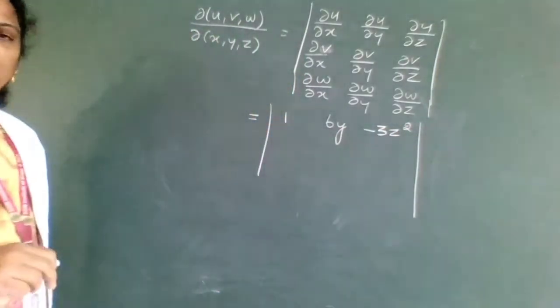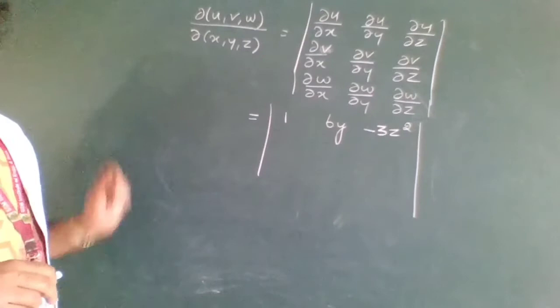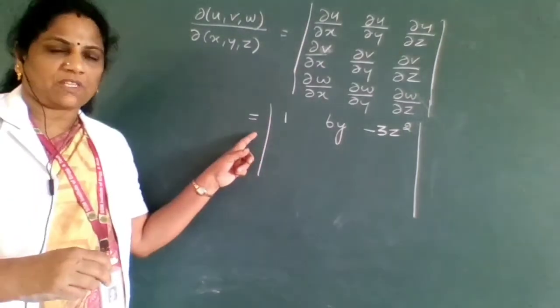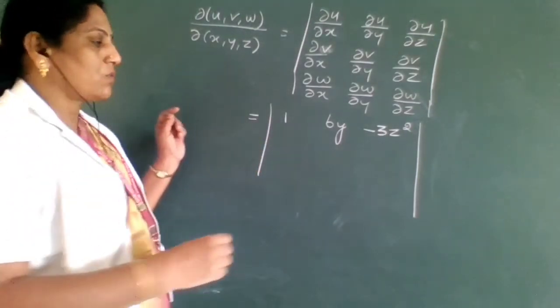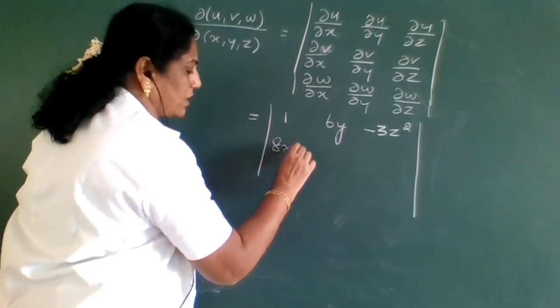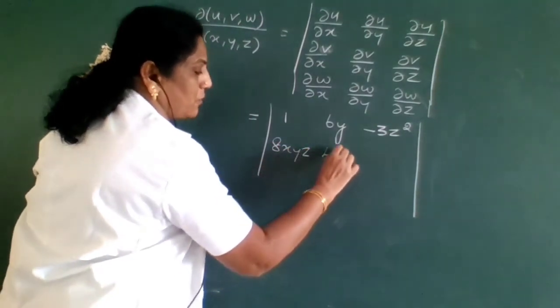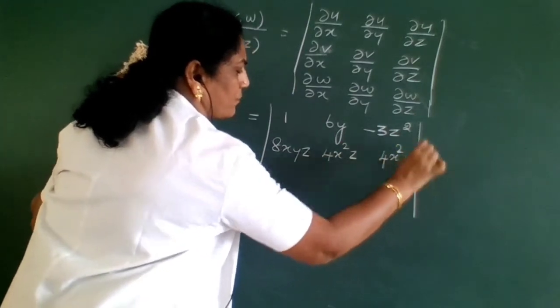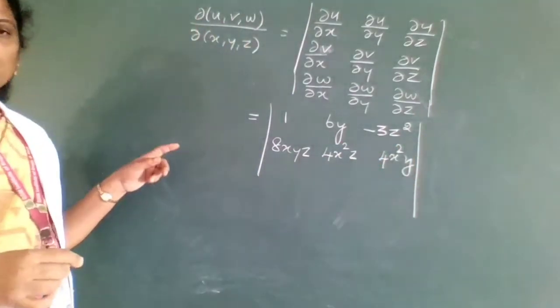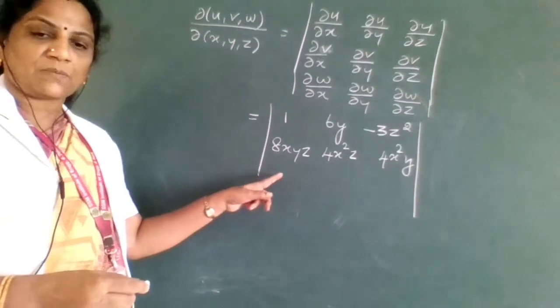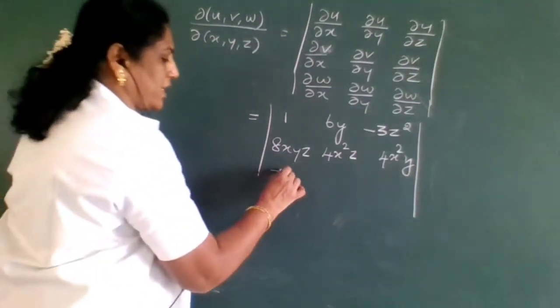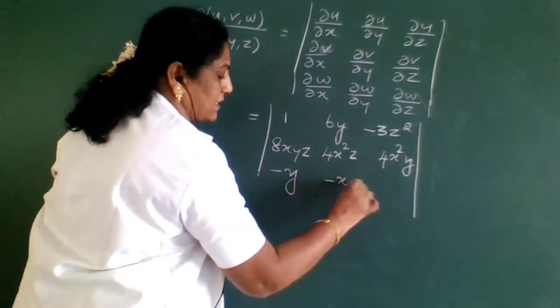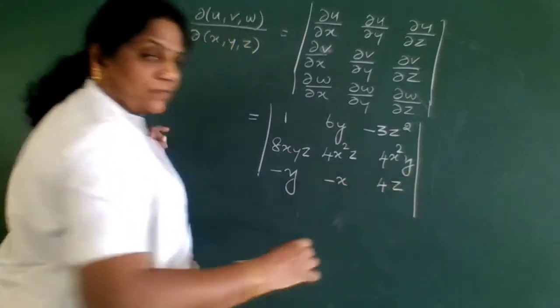Secondly, we have v equal to 4x squared yz. Already we differentiated v with respect to x, y, z. So 8xyz and 4x squared z. Here 4x squared y. Finally, the last one is with respect to w. So minus y, minus x and 4z.